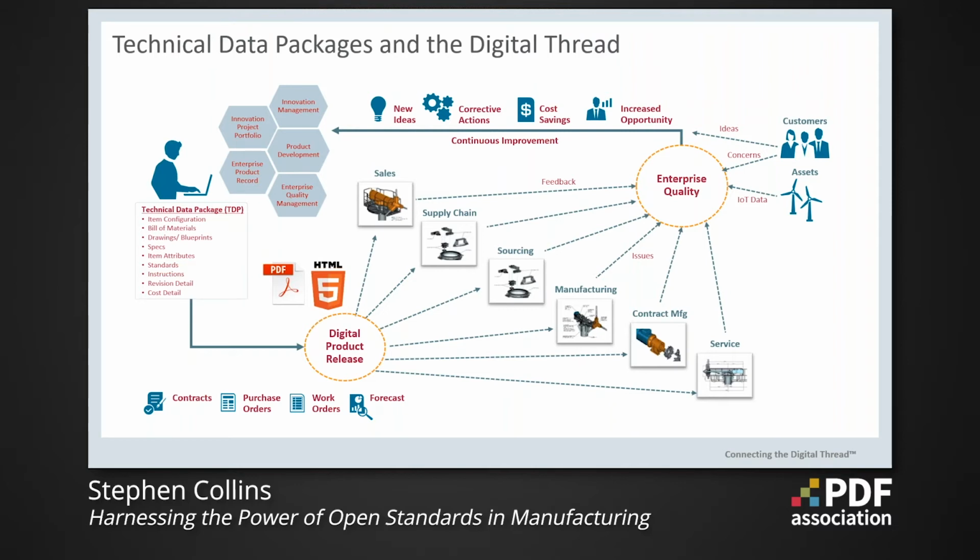They might want to bring together 3D model-based definition information with bill of materials information or drawings or instructions, depending on the use case, and bring that together in the right form so that the downstream consumers can have access to the right information to collaborate with one another and to do their jobs. We're going to be showing you some examples, both PDF as well as HTML, and then how the two relate to each other and can be used in harmony to provide that managed and effective data access across the extended enterprise. Next slide.